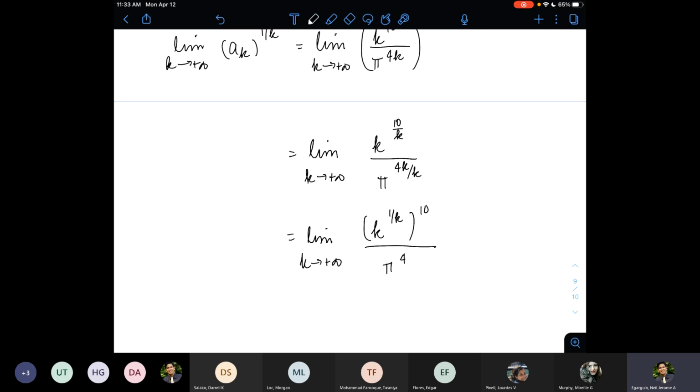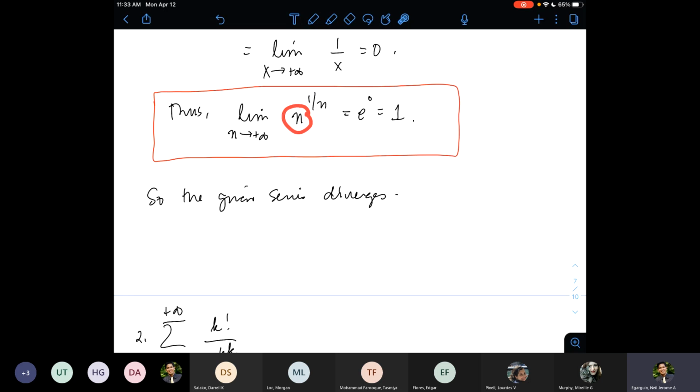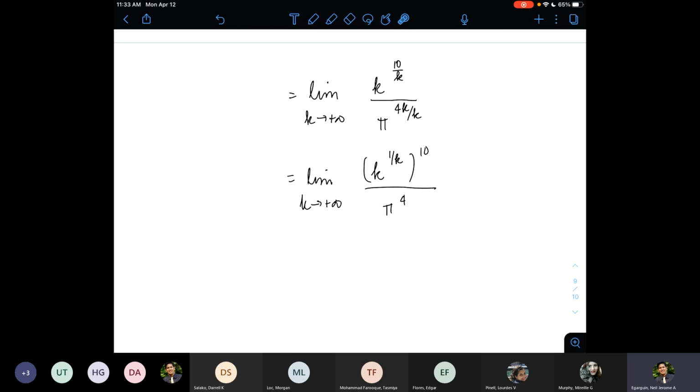The reason I want to write the numerator this way is because I already know the limit of k to the power 1 over k. Remember, I solved that earlier and enclosed it in a red box. If you have a variable, as the variable approaches infinity, the limit is 1. Here the variable is just k, so k raised to 1 over k as k approaches infinity goes to 1. 1 raised to the 10th power will also go to 1.